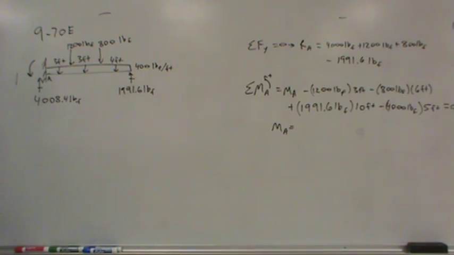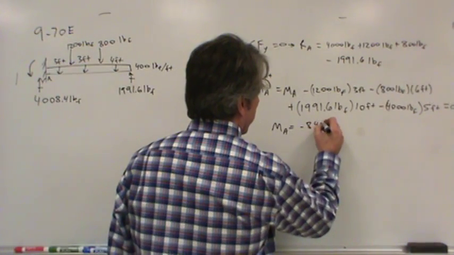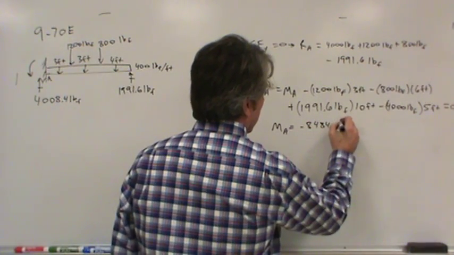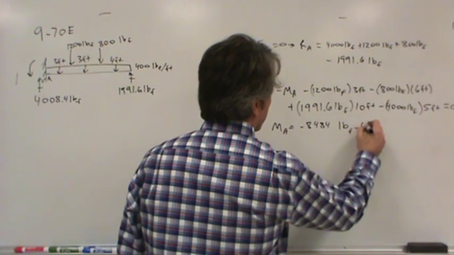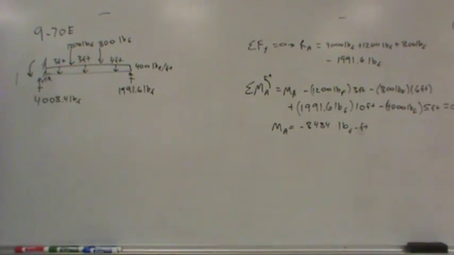I have negative 8,484. Negative 8,484. Yes. Okay, that would be pounds force feet. Okay. I got it to be positive. Yeah, I was going to say, it should be positive, shouldn't it?